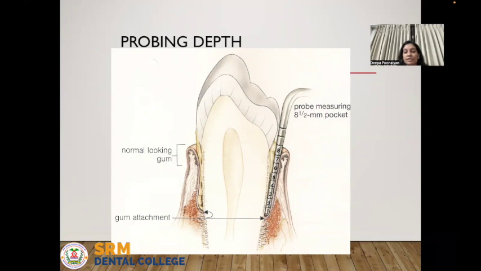The probe is gently inserted into the gingival sulcus, always parallel to the long axis of the tooth. When you insert the probe, you check how much the probe is going into the sulcus. The probing depth is usually taken from your gingival margin to the base of the sulcus. Wherever your gingival margin starts, from there you start recording your pocket depth.